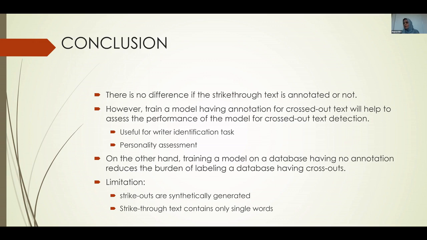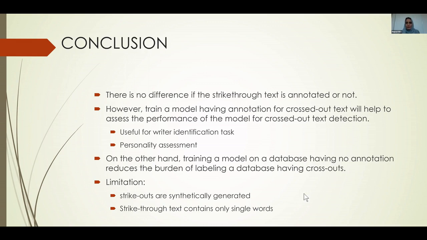Recently researchers are working on the cross-out detection task because it's useful for writer identification and also for personality tests. For writer identification, they just want to remove the stroke. But if you are planning to work on cross-out detection, on what has been crossed or why it has been crossed, then annotating cross-out is a better option.